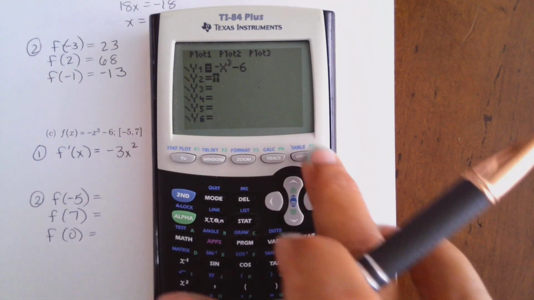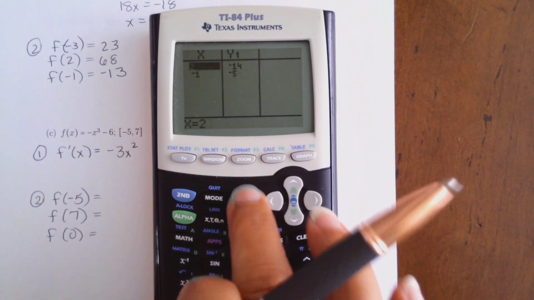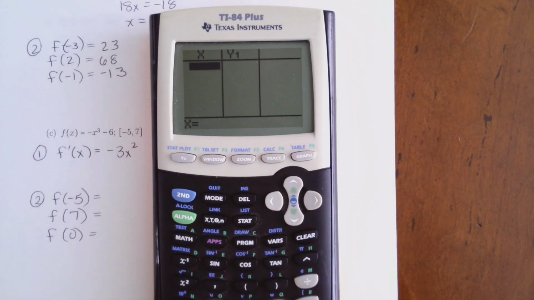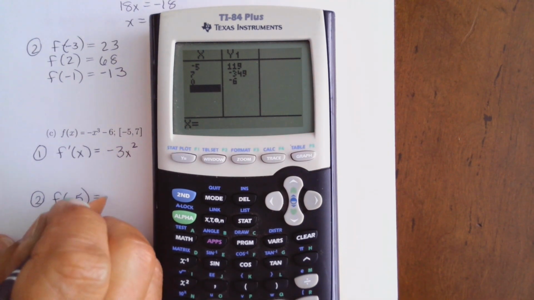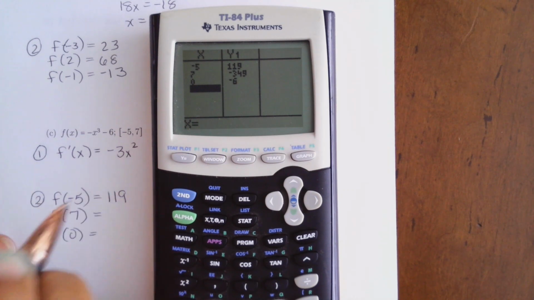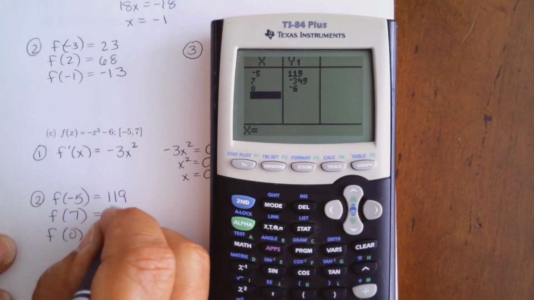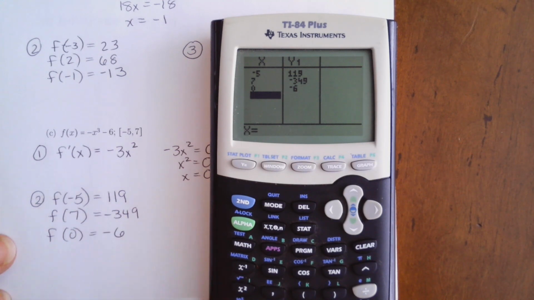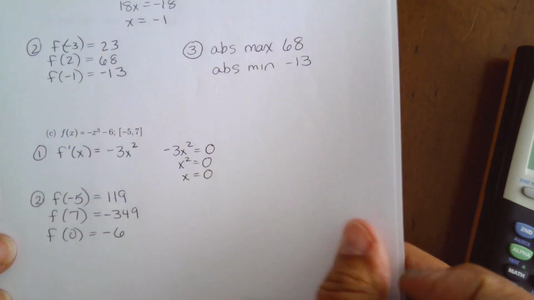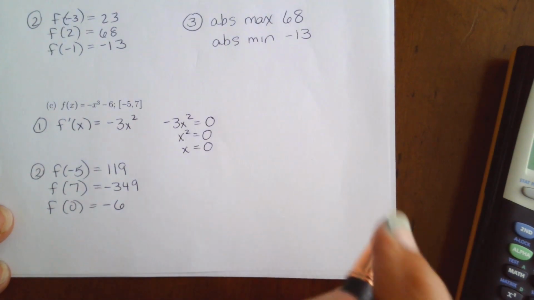And then you're going to do second table and hit delete, get rid of those old numbers. And we're going to enter these numbers, negative 5, 7, and 0. And there's our y values, 119, negative 349, and negative 6.